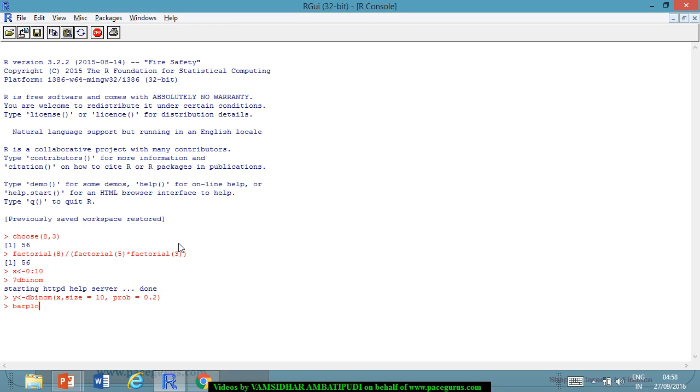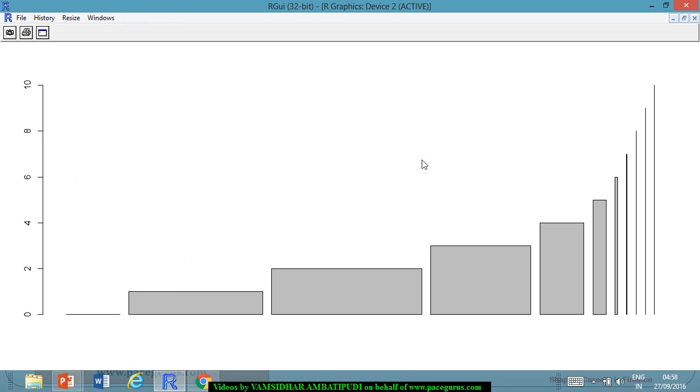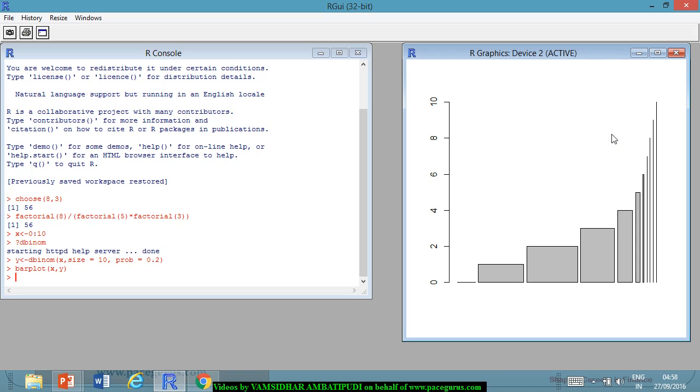That would be better because there are only a few values. Bar plot of x comma y. So I could see that this is how the bar chart is coming out. The frequencies 0 to 1 is coming out this way, and the probabilities are coming out in this way.